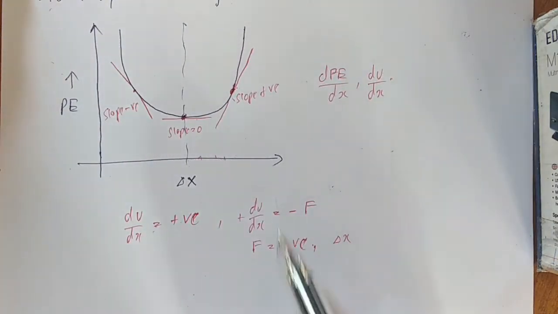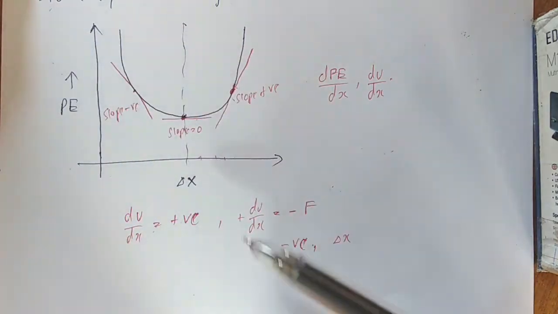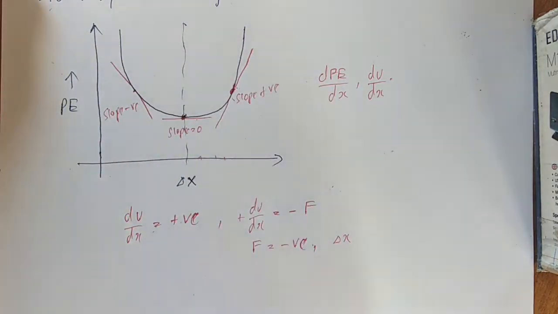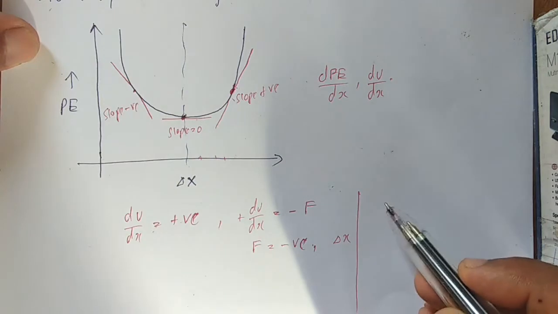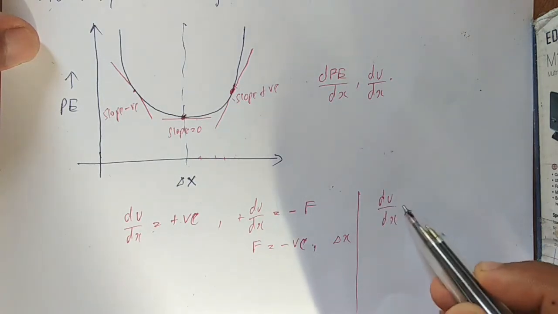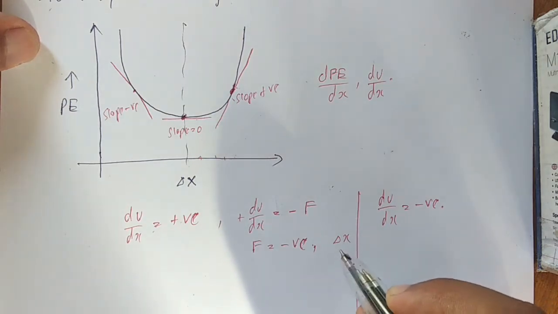This force here has a restoring effect, and it will try to bring that system to a stable equilibrium. Now if you see on the other side here, when the slope is negative, this change in x here is positive.